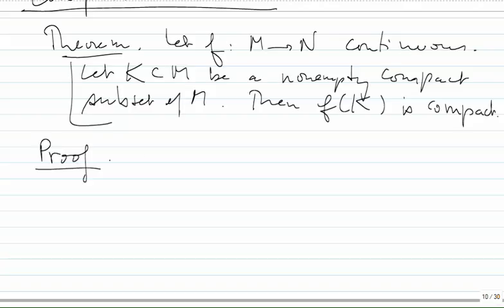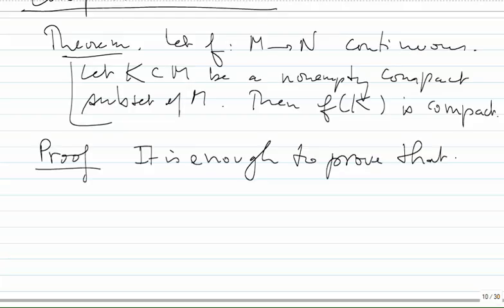It's enough to prove that f of K is sequentially compact.